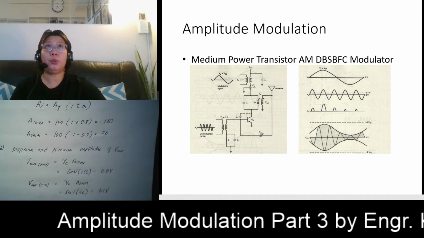In the previous circuit, the flow of your current IC depended on whether the carrier signal was above or below 0.7.